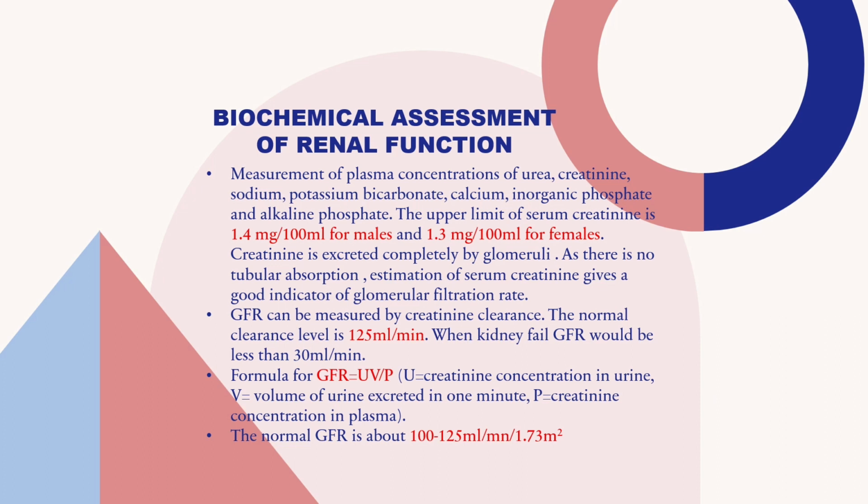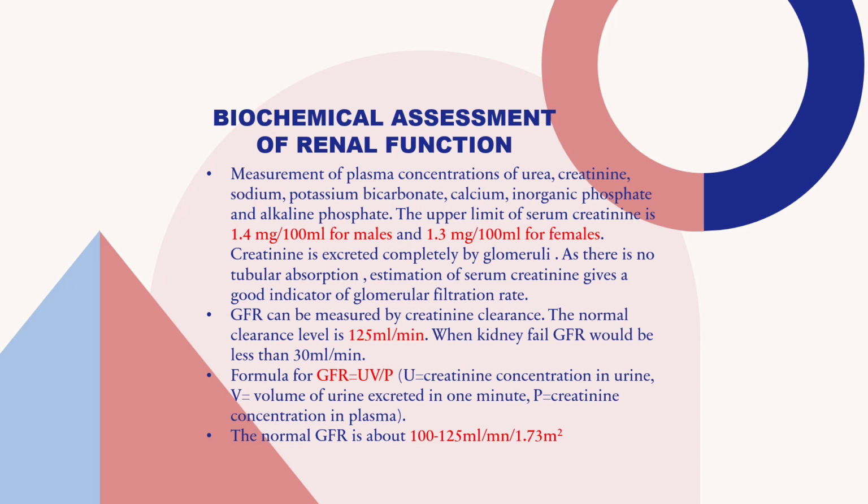So the first point in this slide is measurement of plasma concentration of urea, creatinine, sodium, potassium, bicarbonate, calcium, inorganic phosphate, and alkaline phosphatase. The upper limit of serum creatinine is 1.4 mg per 100 ml for males, whereas it is 1.3 mg per 100 ml for females.